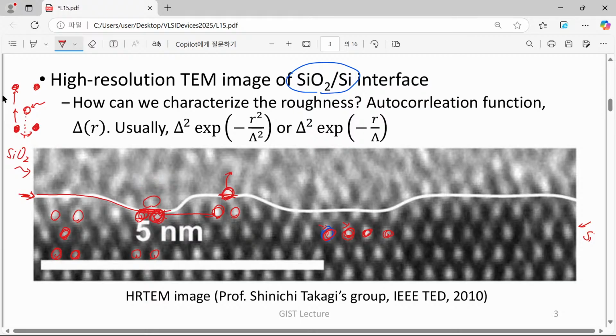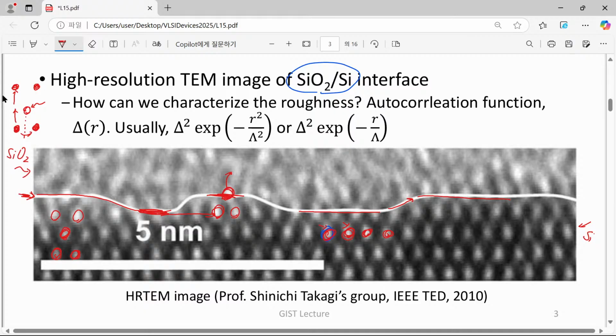For example, in this part, relatively in the lower part we have the border, and in this part we have the border at a relatively higher place, and here we have a certain border, and there is a sudden increase, and here we have a change. So now you can understand the interface between silicon and silicon dioxide is not perfectly clean because they are made of silicon atoms by stacking them up.